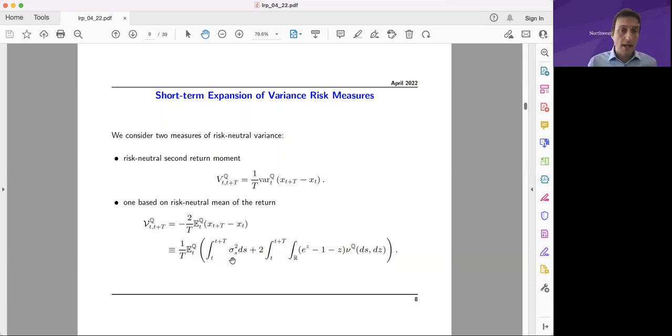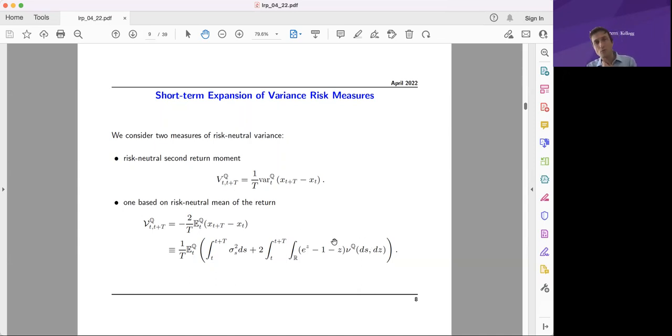The second one is probably more popular, which basically uses the first moment of the log returns, and by application of Ito's lemma, it will be connected to a measure of variance. The first part here is the diffusive component, and that's exactly what variance is.